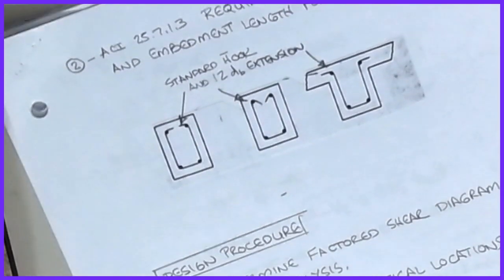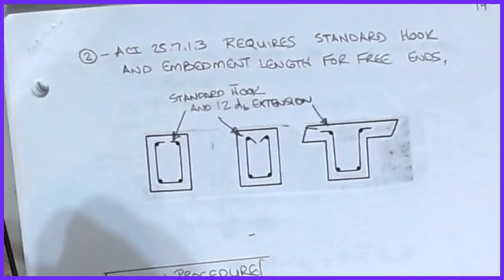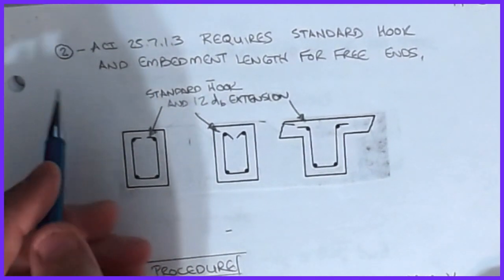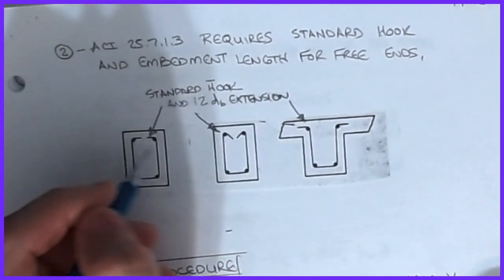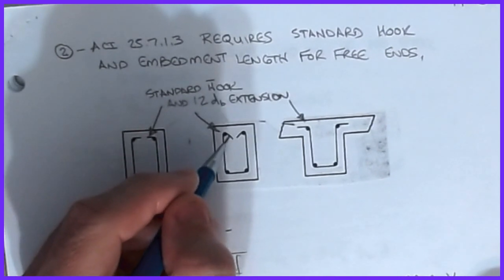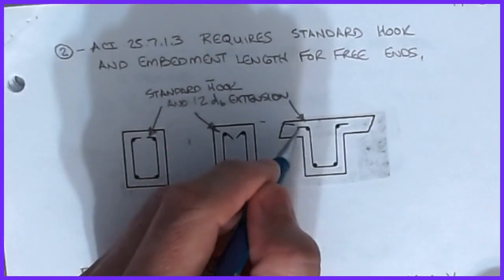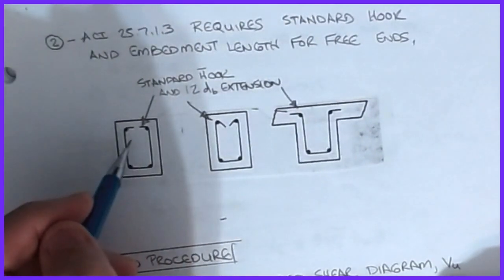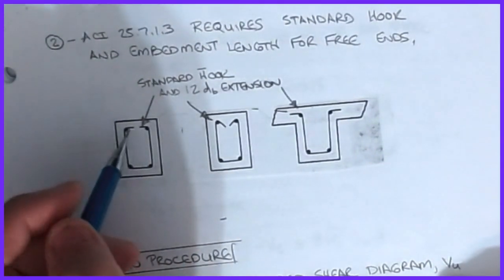So 25.7.1.3 is going to require a standard hook and an embedment length for free ends. The standard hook greatly reduces this, and we'll talk about embedment length when we get to development length discussions in the video coming up, I think in chapter 5 or chapter 6 in the book.